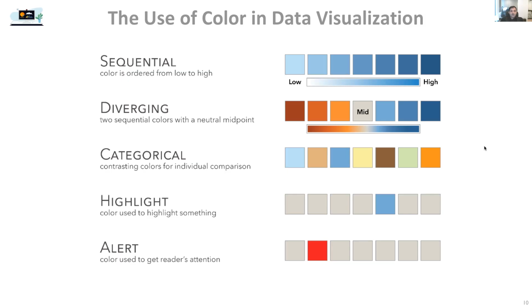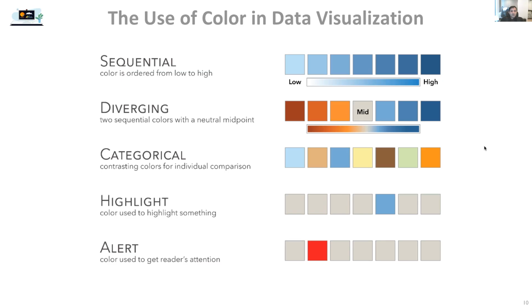One of the most frequent mistakes in data visualization is the use of color. Here in this slide, I'm showing different coloring schemes for visualization of data. This is one of the most important slides we'll cover in the entire course. Important for the exam, for projects, and for any data visualization that you make after the class is over.